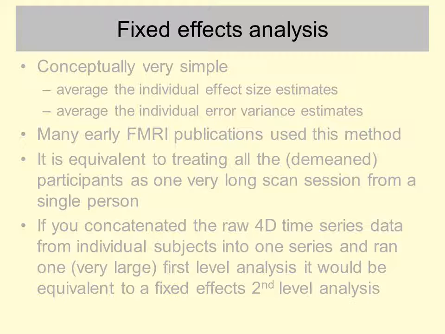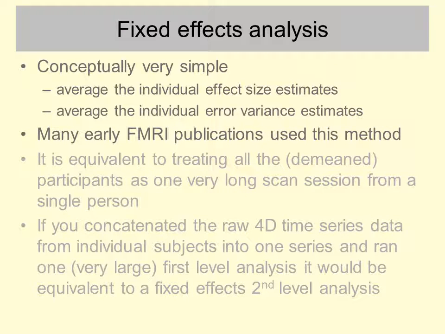So to recap, fixed effects analysis is conceptually pretty simple. You average the different effect size estimates from the different participants, and you also average the individual error variance estimates from the different participants to get your error term for running your t-test.